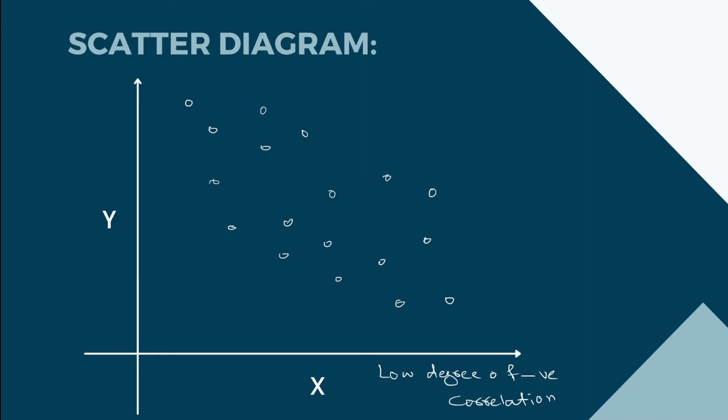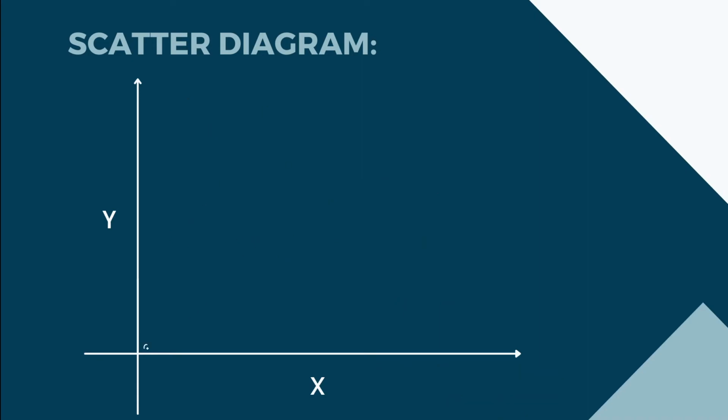Suppose we get points exactly on a straight line. Then it shows a perfect positive correlation.